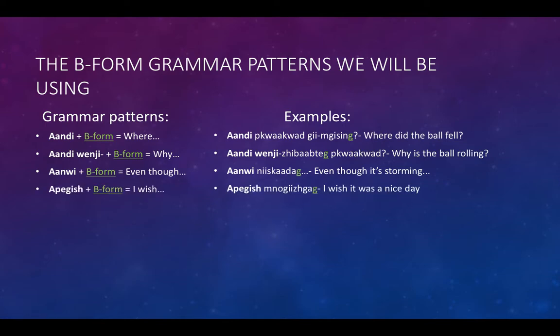Apagish plus B-form equals I wish. For example, Apagish mnagishkag means I wish it was a nice day. So again, we can see that we use apagish first, then go straight into our VII word, and then our B-form inflection is a G, highlighted in green here.